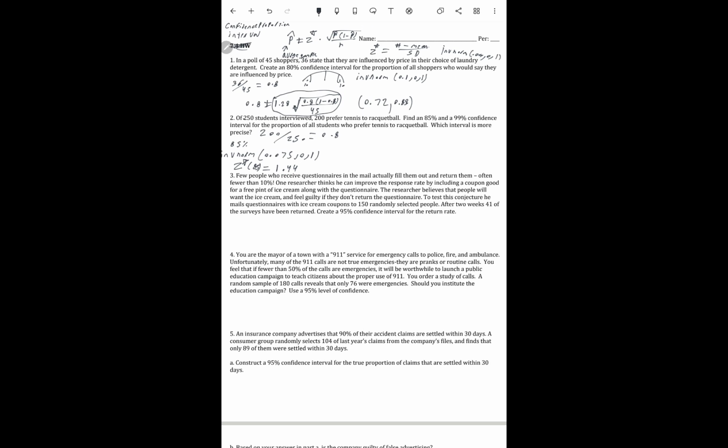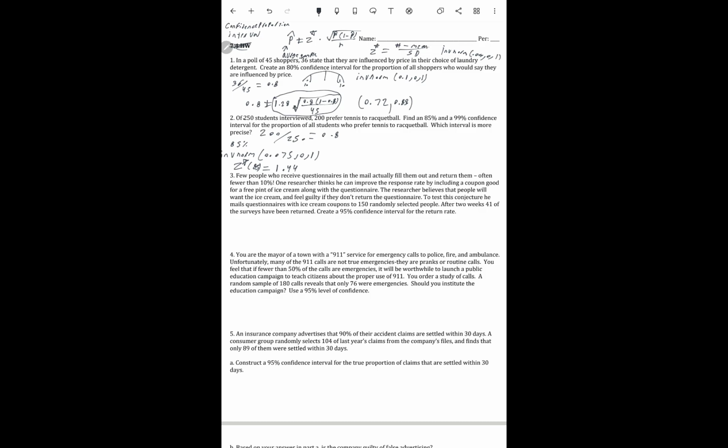All right, guys, I plugged this into my graphing calculator, and the z-score for 85% is 1.44. On the calculator it says 1.439, and I'm assuming that's rounded to 1.44. And now I think we can even find out which one is more precise from the z-score alone, but let's just keep solving.